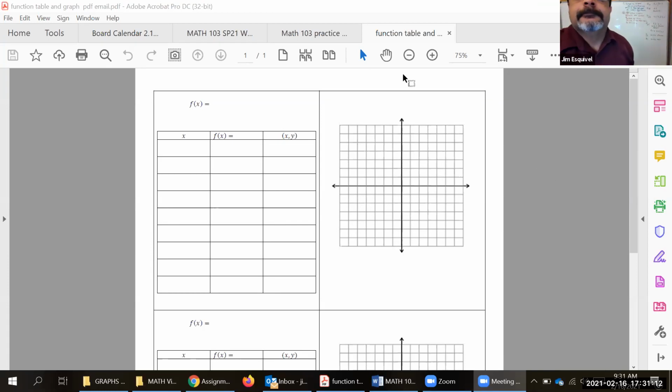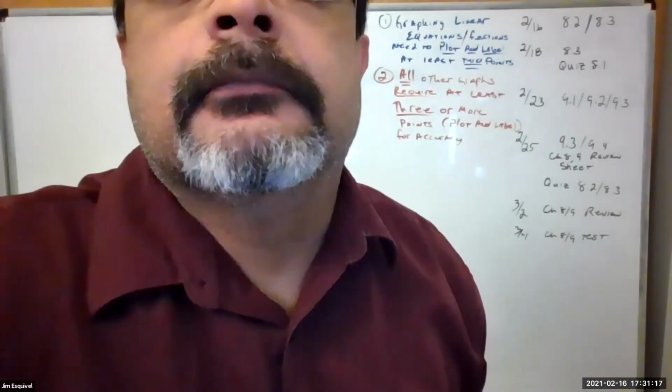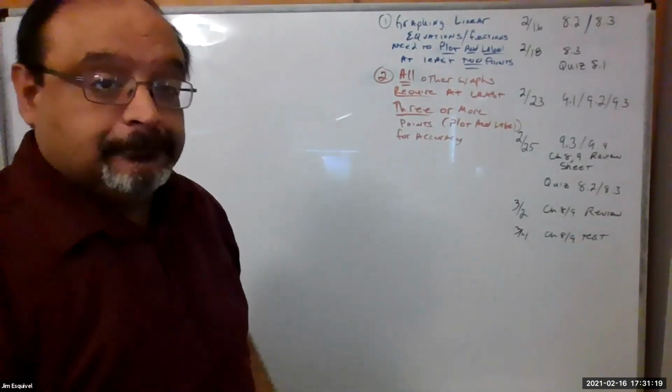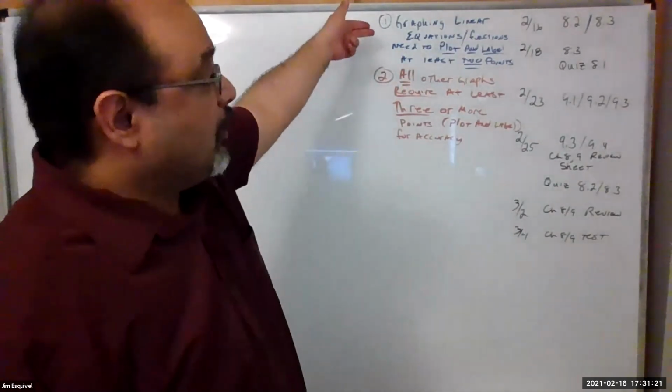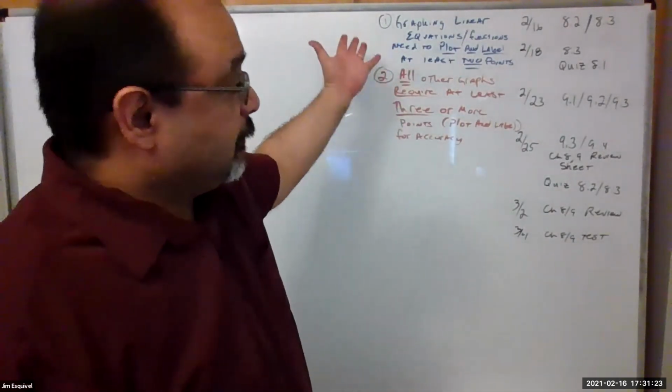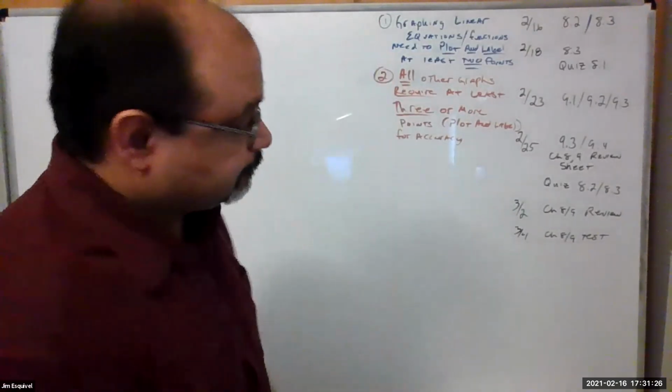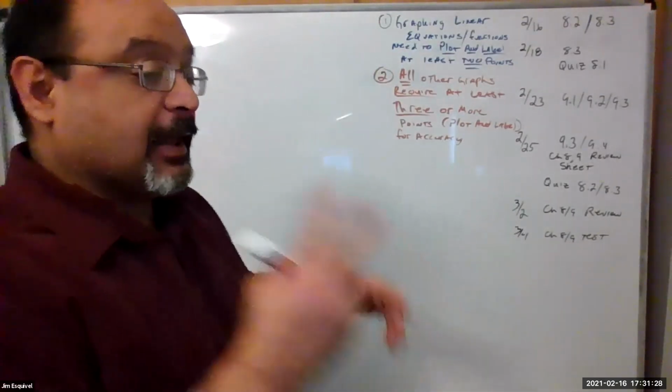All right. So over here, when you're graphing a linear equation or a function, you need to plot and label at least 2 points.